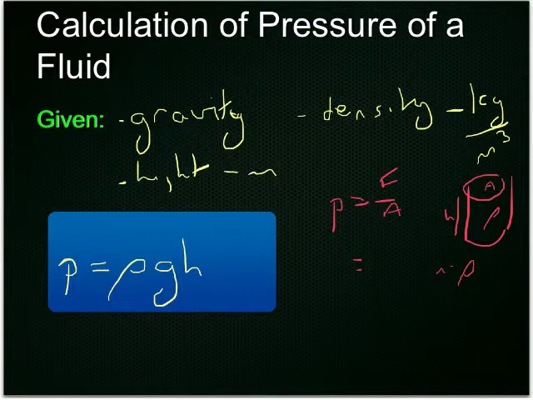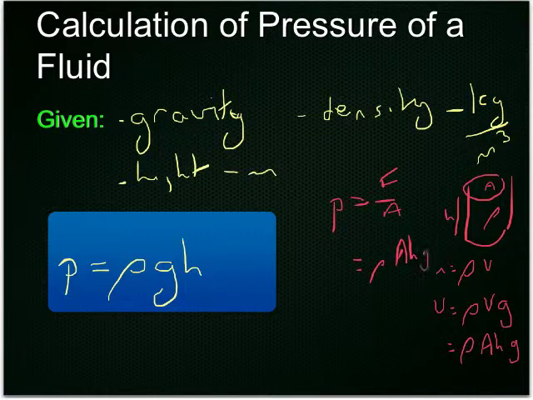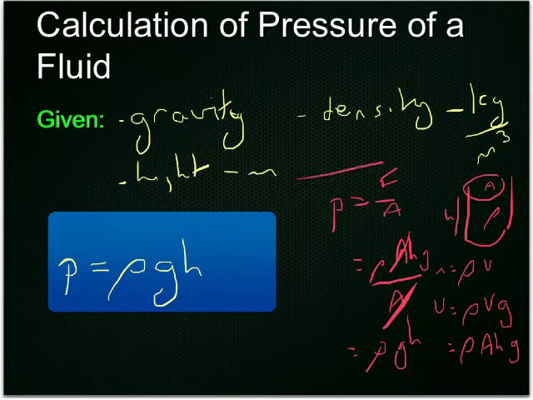And weight equals mass times gravity. So density times volume times gravity. In this case, the volume is actually area times the height. Putting that in here, rho A H g divided by another A. Cancel those out. P equals rho g h. This is A-level work, that part. Don't need to know it. Just out of interest.